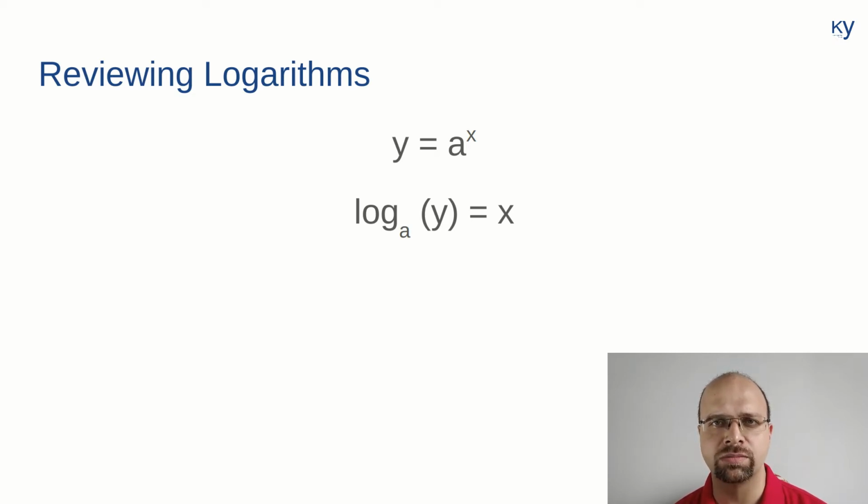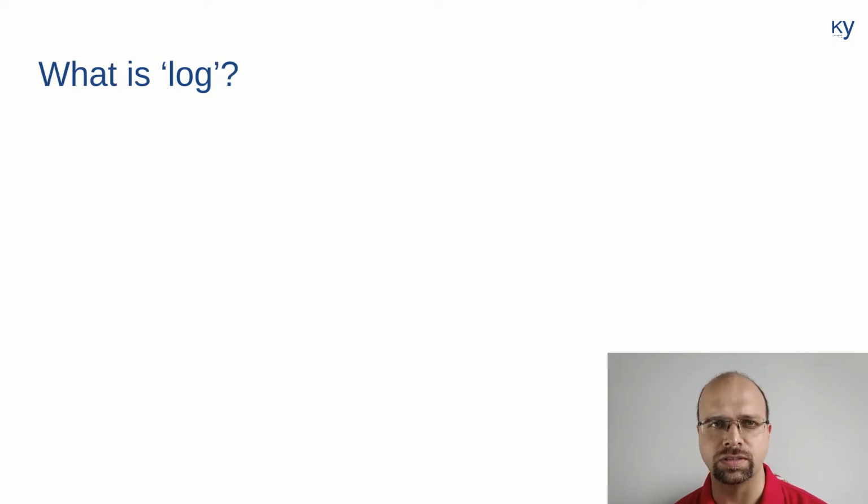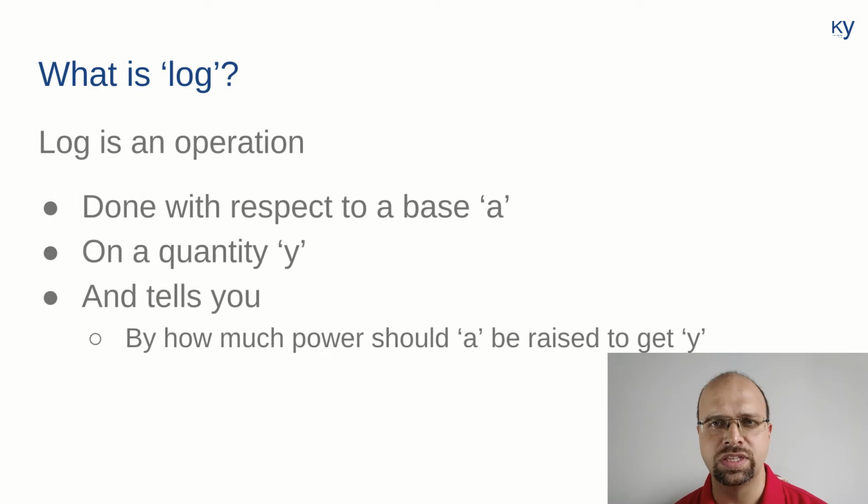So what does a logarithm really do? Well, a logarithm is an operation. It is done with respect to some base, which is A. We supply it a quantity y, and the output of the logarithm is the x, where x is the value by which we should raise the power of A to get y.